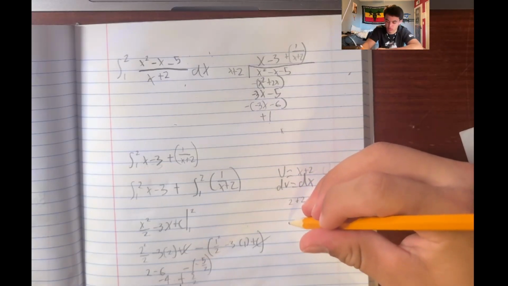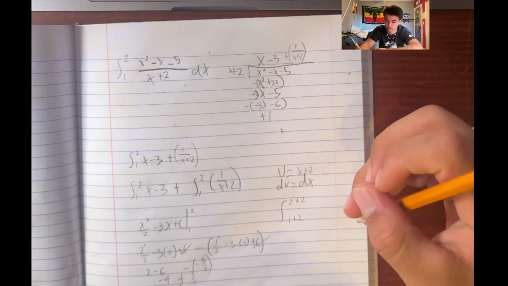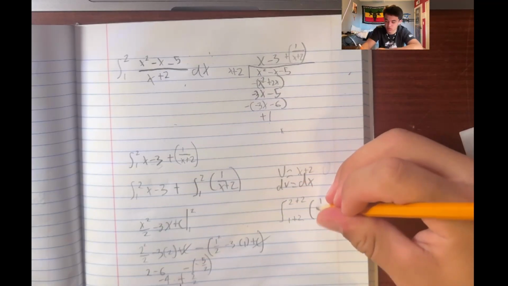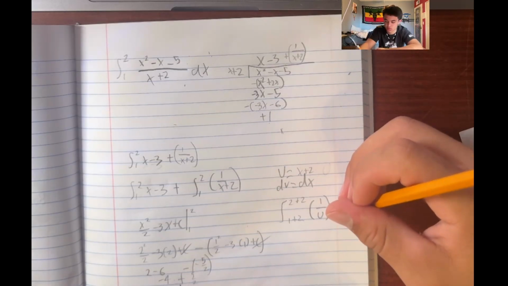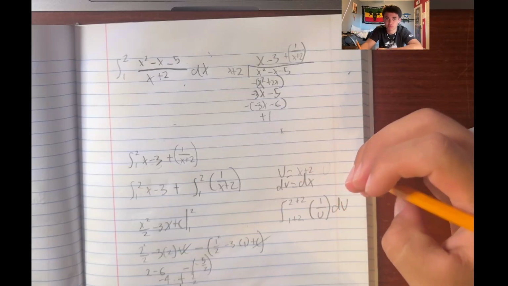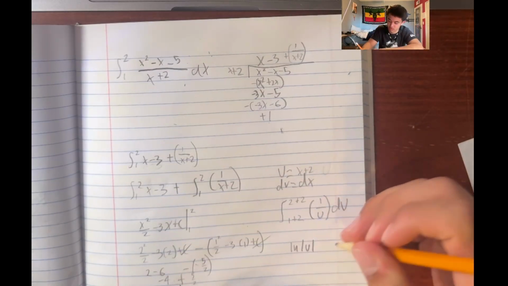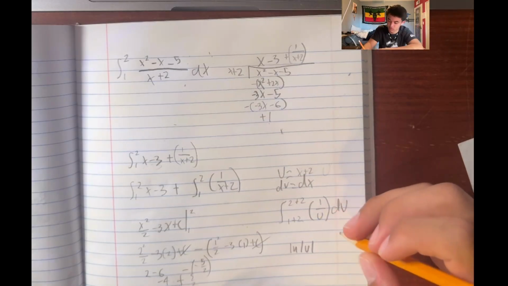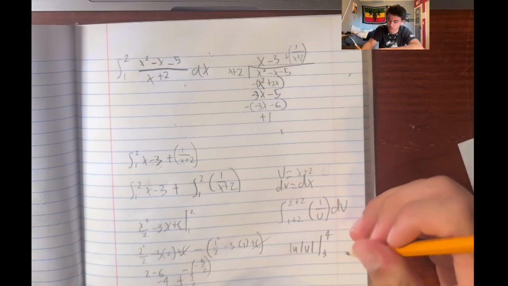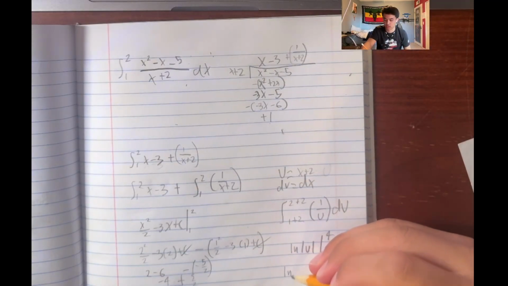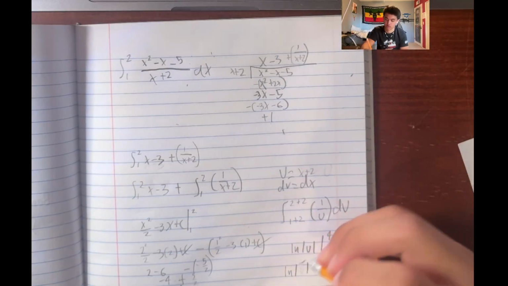So this is going to become 2 plus 2, and then 1 plus 2, on this interval, of 1 over u du. So now this is going to become natural log of u on the interval from 3 to 4. So natural log of the absolute value of u, or of 4, I should say.